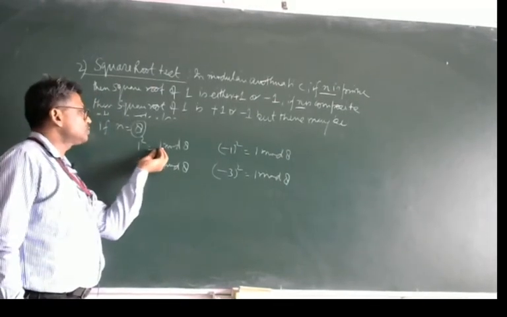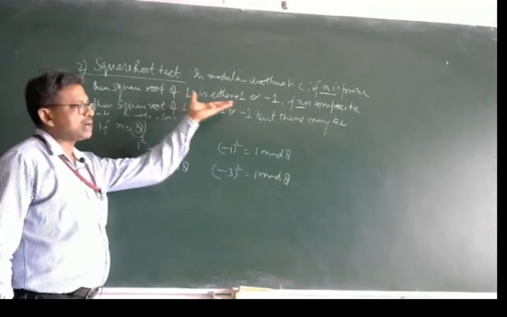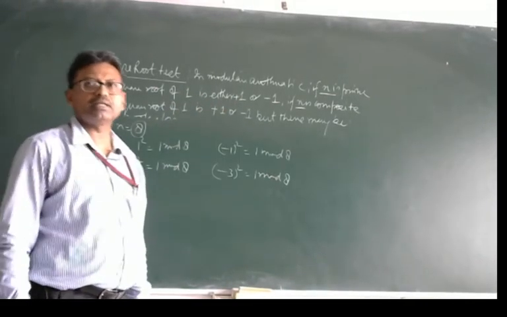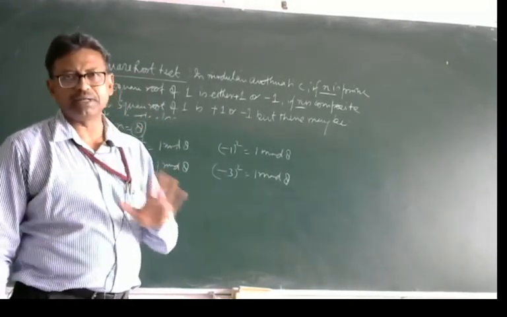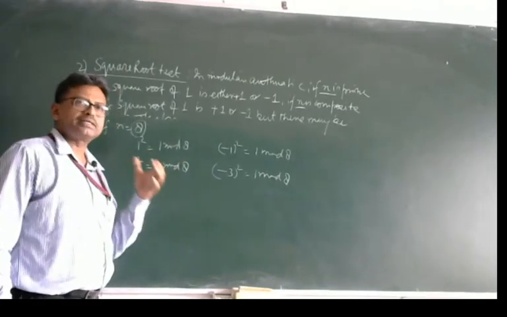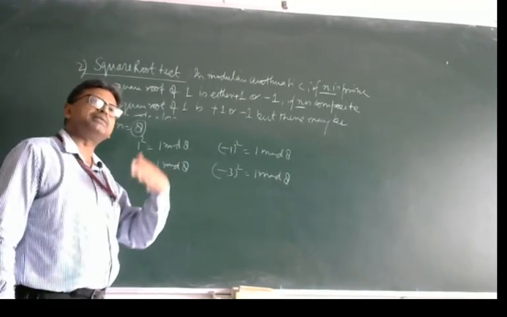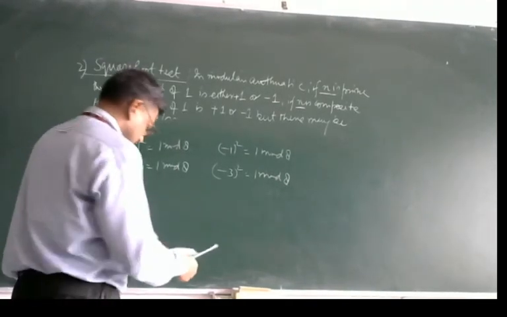So for the primeness of the number, it is necessary that the square root of 1 should be only plus 1 or minus 1. But if besides plus 1 and minus 1 we have some more values, that number is a composite number.